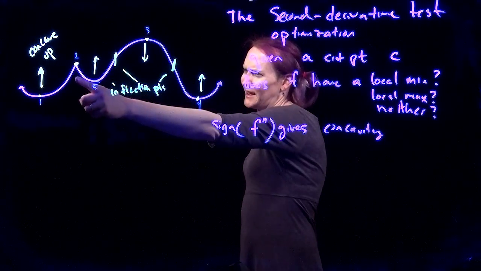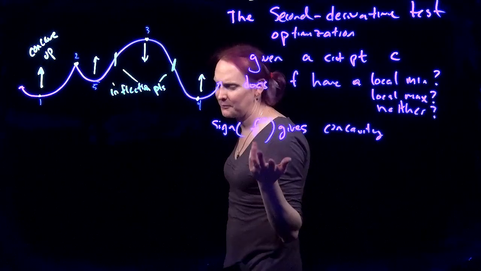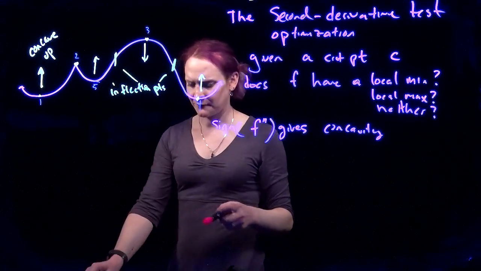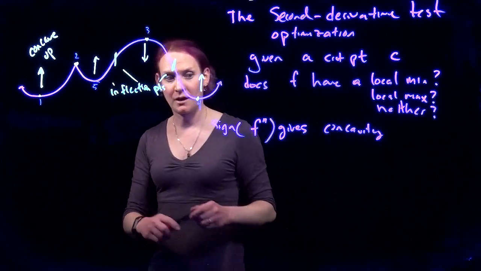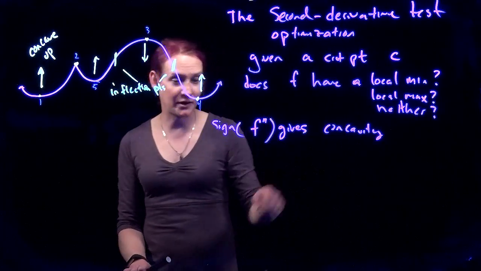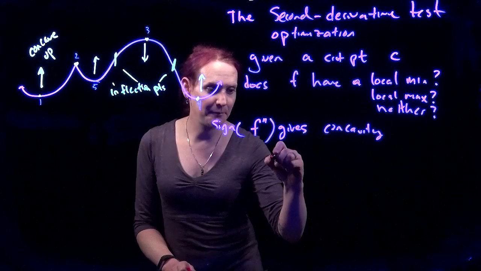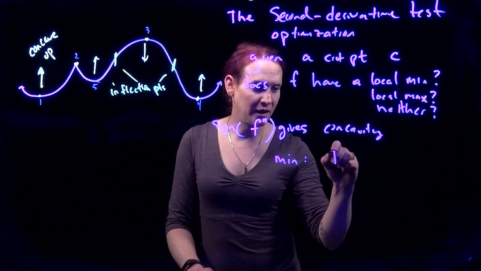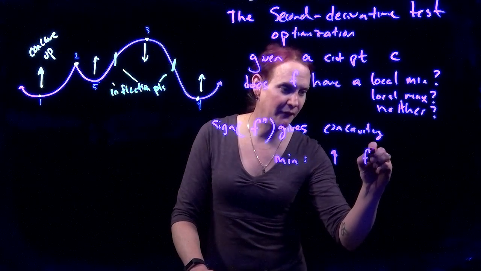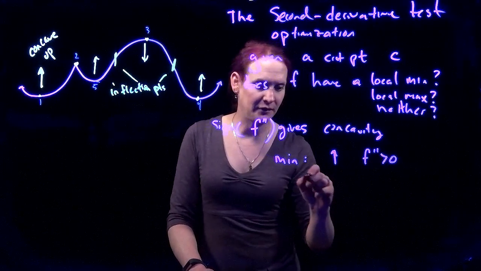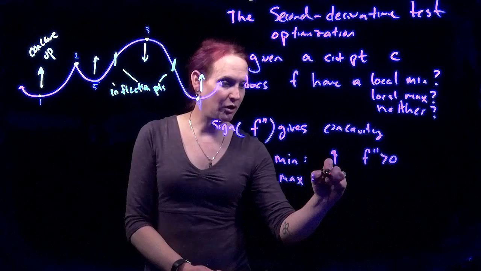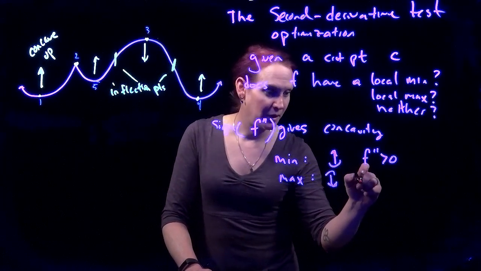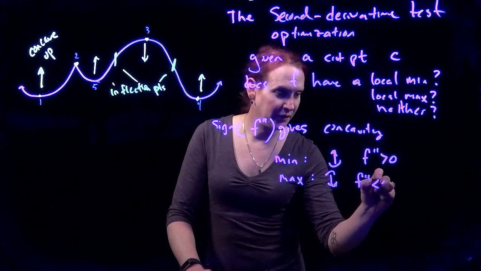This maximum doesn't have well-defined concavity at it because it's not even differentiable there. Okay, so here's our observation so far: the sign gives the concavity, and minima appear to be where it's concave up. That is to say, f double prime is bigger than 0, and maxes occur at concave down, which is where f double prime is less than 0.